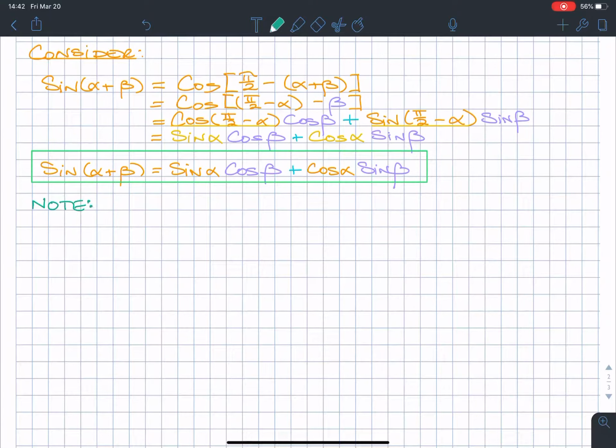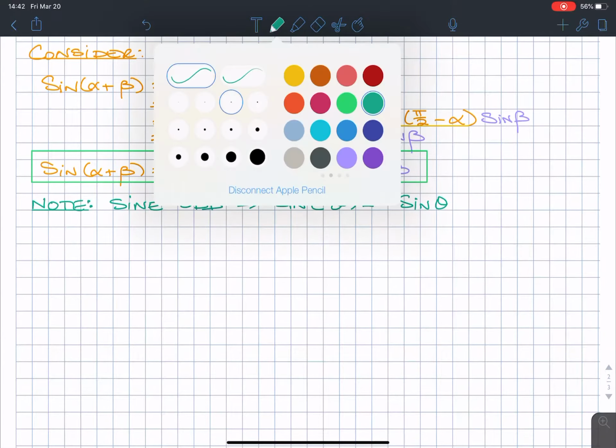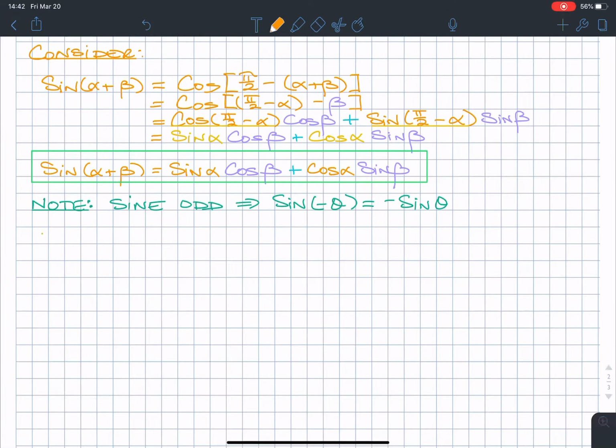We know that sine is odd, right? So sine odd implies that sine of a negative angle is negative sine of the angle, agreed? So sine of alpha minus beta, I can write that as sine of alpha plus a negative beta, agreed?